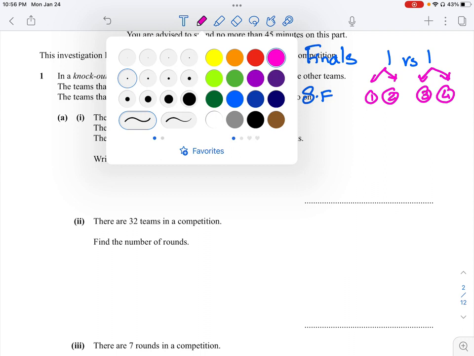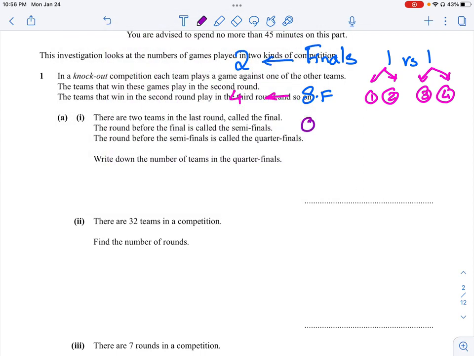Now coming to the quarterfinals. So this one team would have been the winner between team number 1 and team number 2. The second team would have been the winner between team number 3 and team number 4. This third team would have been the winner between team numbers 5 and 6. Fourth one would have been between 7 and 8. So in total we can see that quarterfinals is being played between 8 teams.